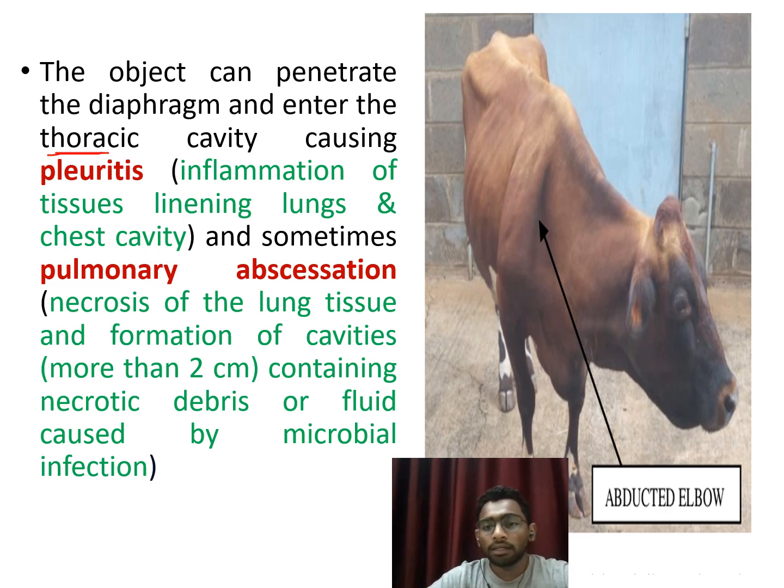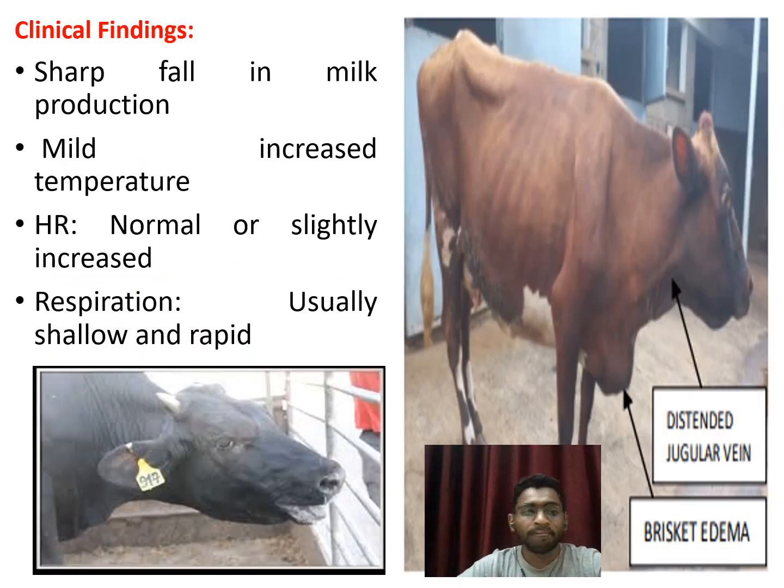So here we can see in this photograph the abducted elbow, which is an important sign shown by cattle suffering from TRP.